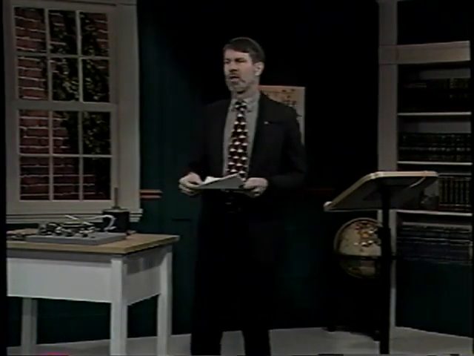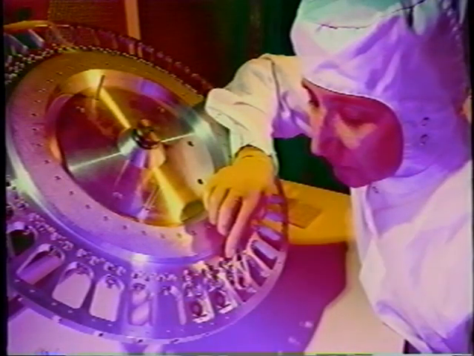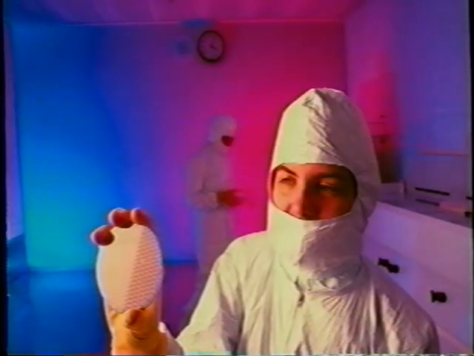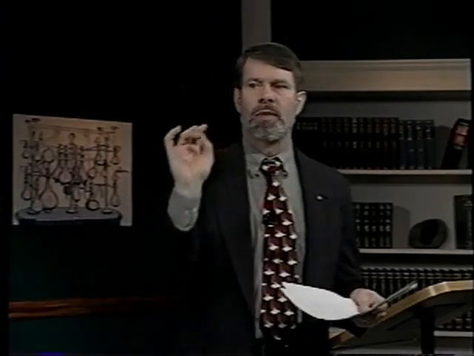But semiconductors are manufactured atom by atom under exquisitely controlled conditions. You have high-tech, ultra-clean laboratories. You have engineers wearing clean suits from head to toe. And you have vacuum chambers where various quantities of atoms are deposited, sputtered off one by one, controlled amounts of phosphorus and aluminum being added to the silicon.